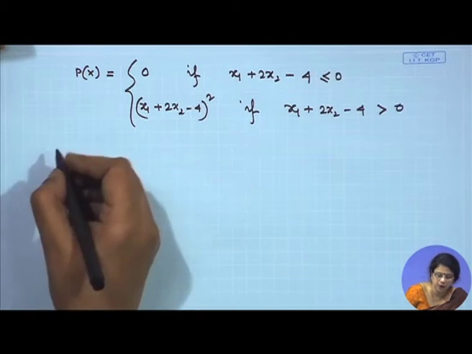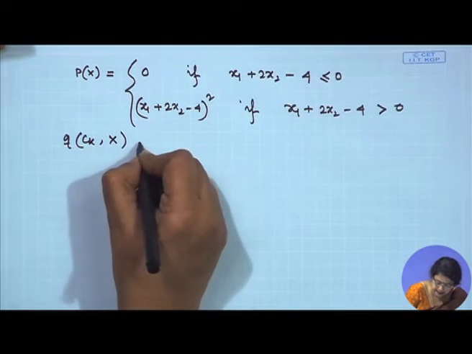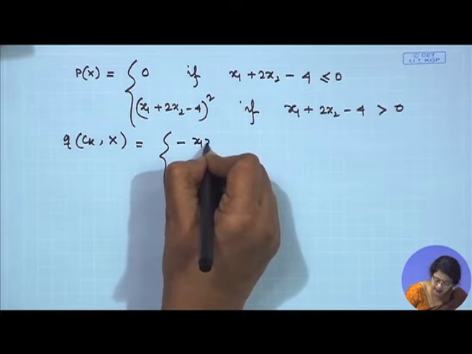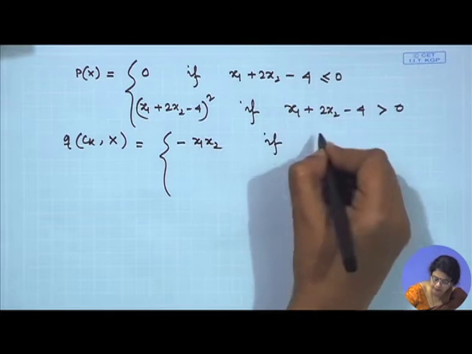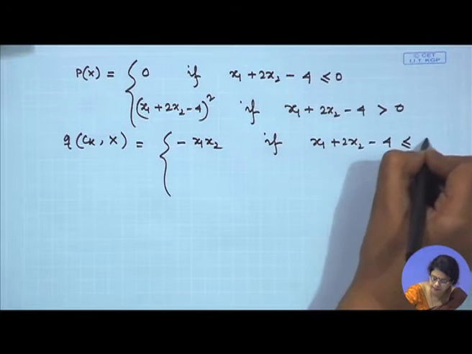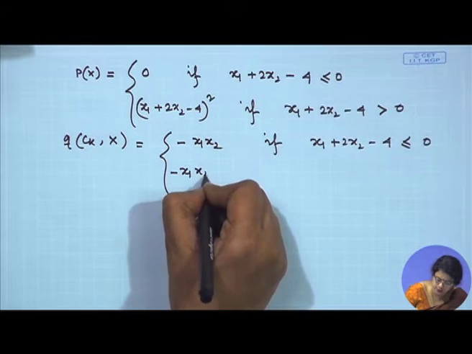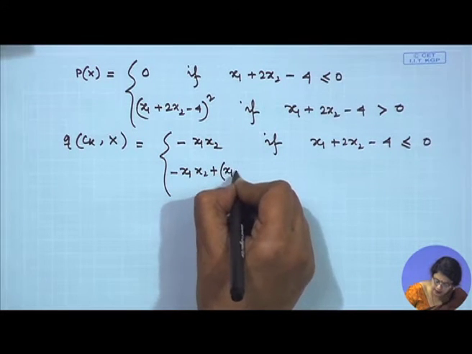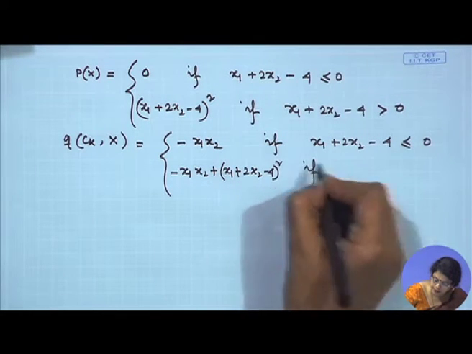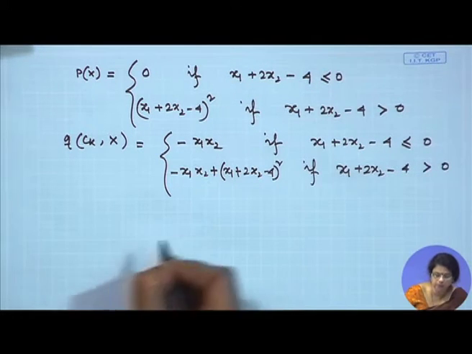All right. Let me now construct Q. Q(c_k, x) is equal to minus x1 x2, that is the original problem for us, if the constraint holds. Otherwise it is minus x1 x2 plus c_k times (x1 plus 2x2 minus 4) whole square if x1 plus 2x2 minus 4 is greater than 0.